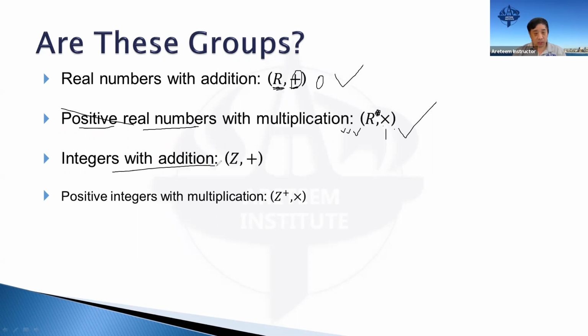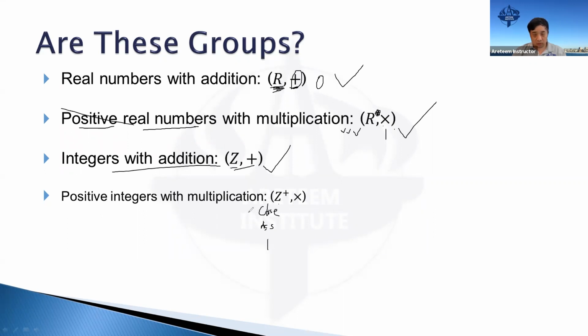So let's look at addition in integers. This is similar to addition with real numbers. It's closed, associative, the identity is 0, and there are negative numbers, so this is yes. And how about multiplication of positive integers? Is it closed? Yes. Associative? Yes. And the identity is 1.